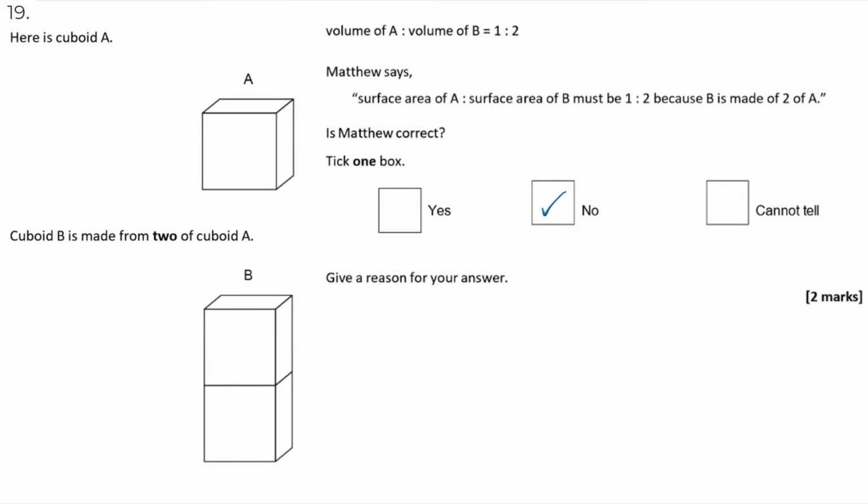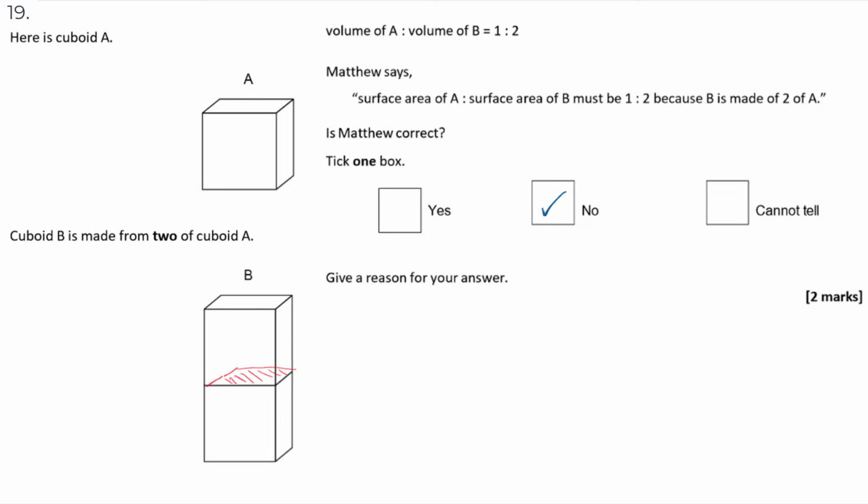And the reason for that is they have a shared face that gets lost in the middle of the cuboid, don't they? So if you think about it, you've got this extra face that sits at the intersection of these two cuboids. So the bottom face of the top cuboid and the top face of the bottom cuboid don't make it into the surface area of the new shape.